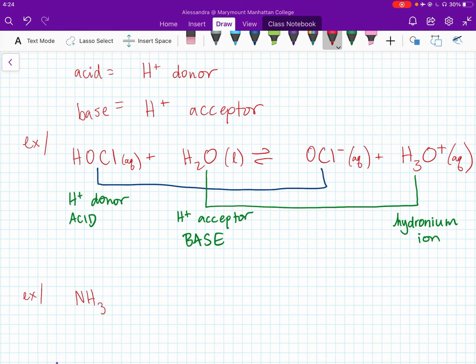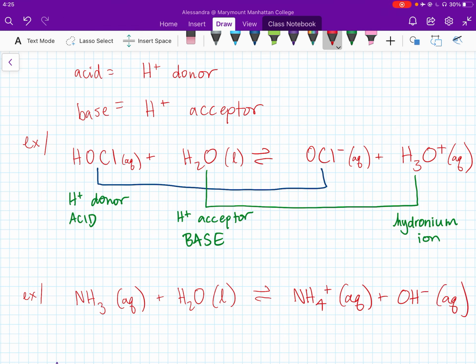Let's take ammonia interacting with water, NH3 plus H2O. That is going to produce an equilibrium reaction where on the other side I get the ammonium ion and the hydroxide ion. Here, once again, let's look at the reactants and decide which is the proton donor and which is the proton acceptor.